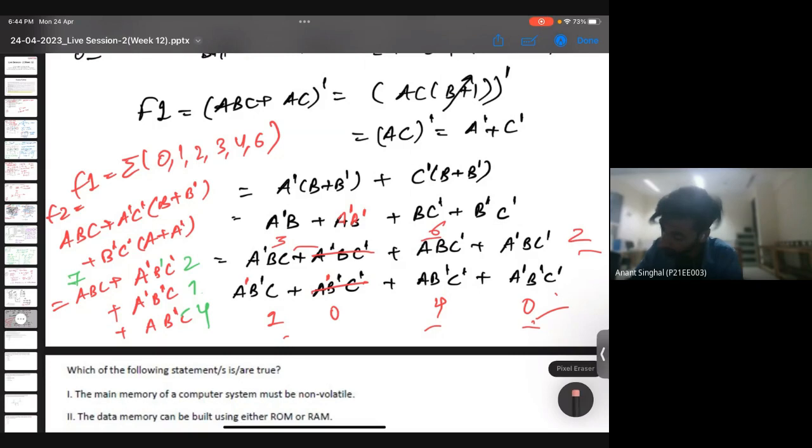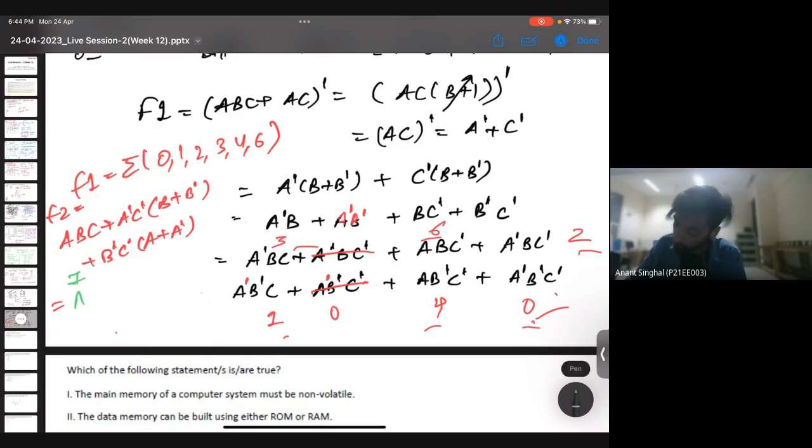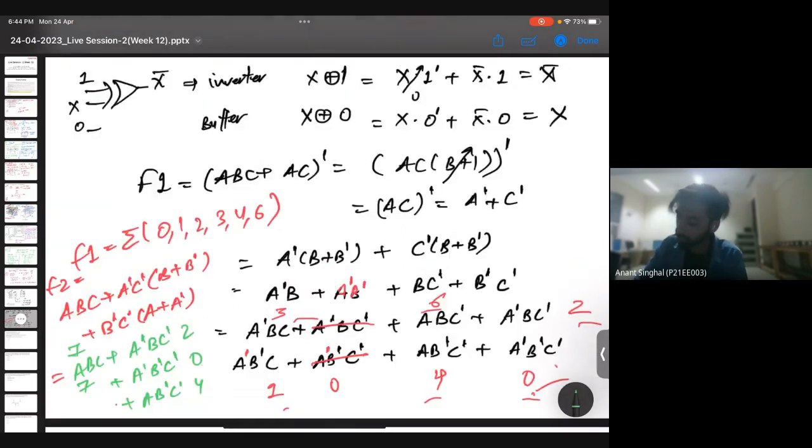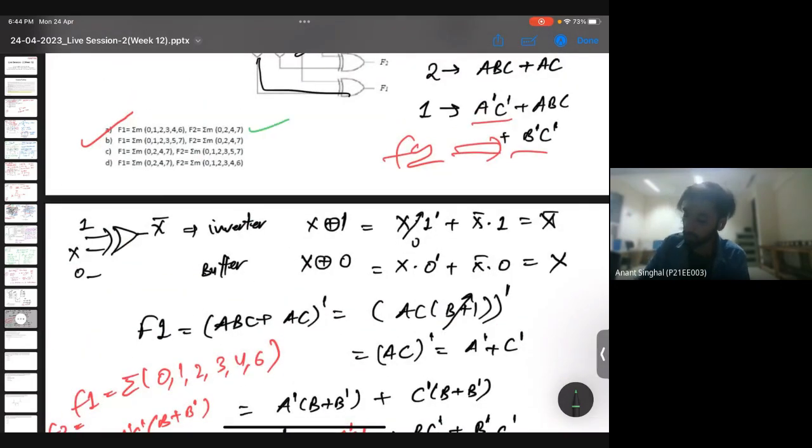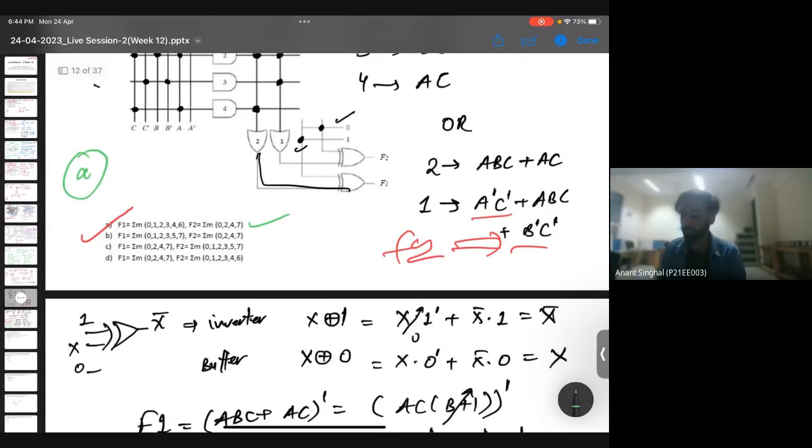Okay, I have written it. This is the one. Let me rewrite it. One is ABC, one is A bar B C bar, one is A bar B bar C bar, and last is A B bar C bar. So this is 4, this is 0, this is 2, and this is 7. So 0247. Yeah, so which is option number A only. I hope it is clear.